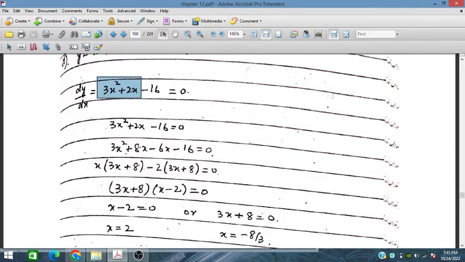So the double derivative, d squared y by dx squared, is equal to 6x plus 2.